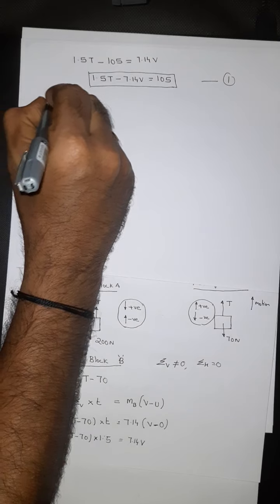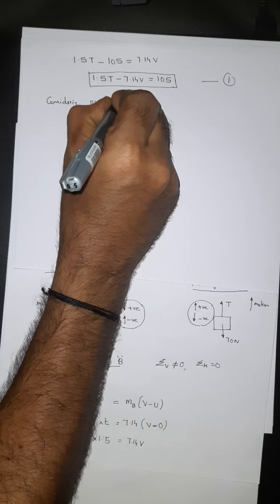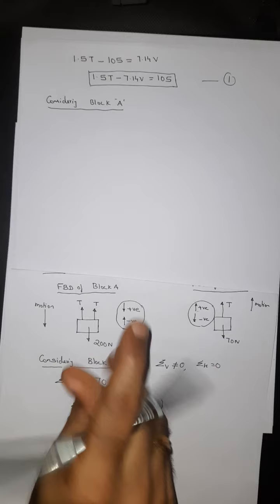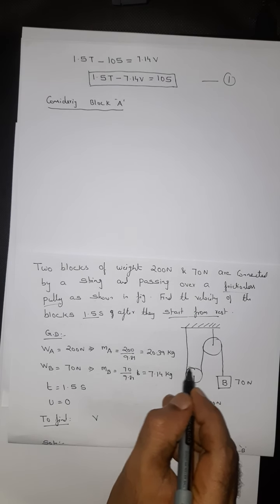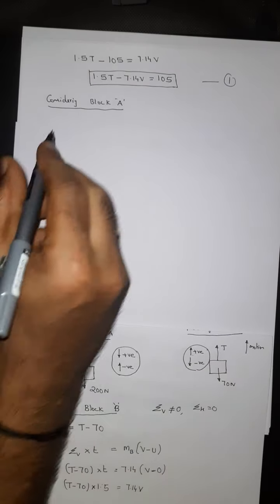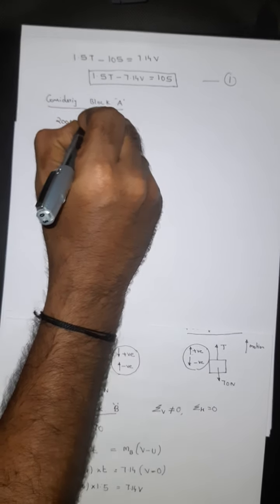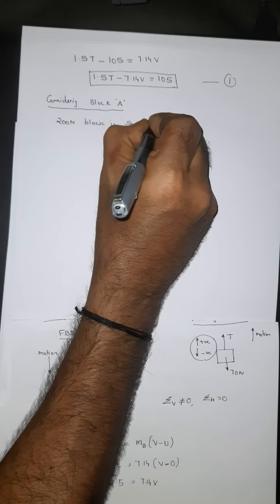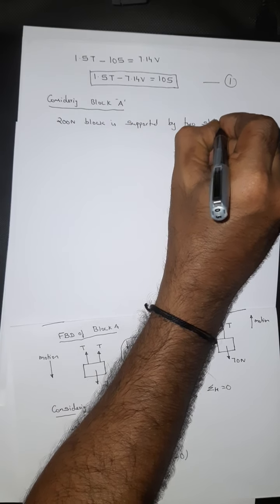Let me consider block A. As far as block A is concerned, this particular weight has been suspended by using two strings, that means either side. Therefore this 200 Newton block is supported by two strings.